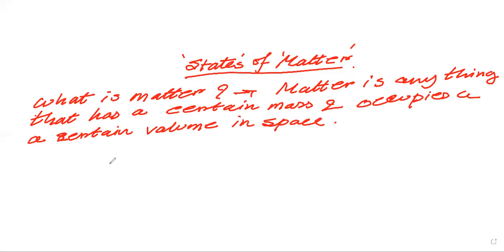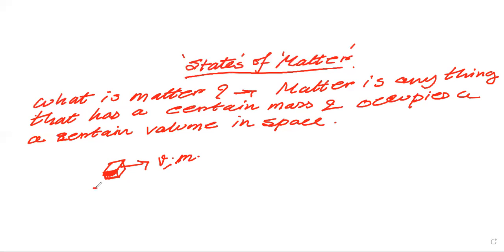Like you can consider a piece of brick. It will have some mass, obviously, and it will also occupy some volume in space. Suppose V is the volume and M is the mass of that piece of brick.